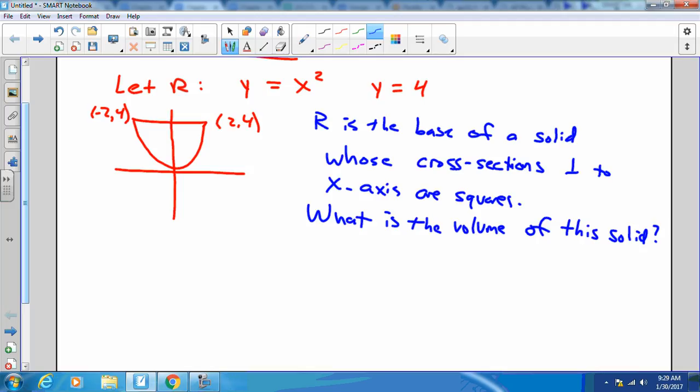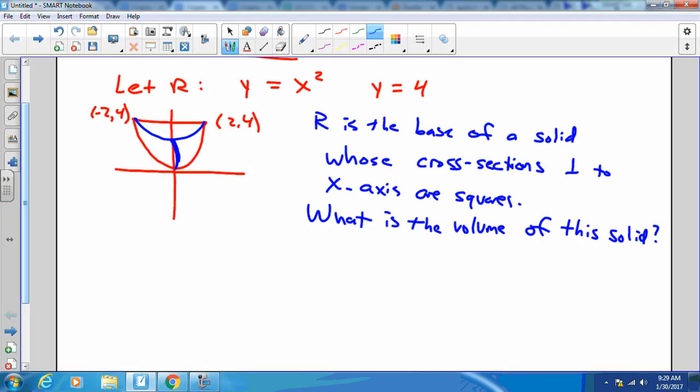All right. So, what we want to do is, first of all, understand what is being said. And what is being said is that R is the base of a solid, and that solid is going to look something like this. If I sort of try to draw it, that's really bad. It looks like a diaper.